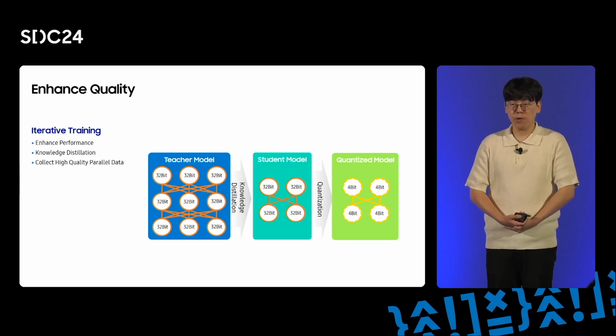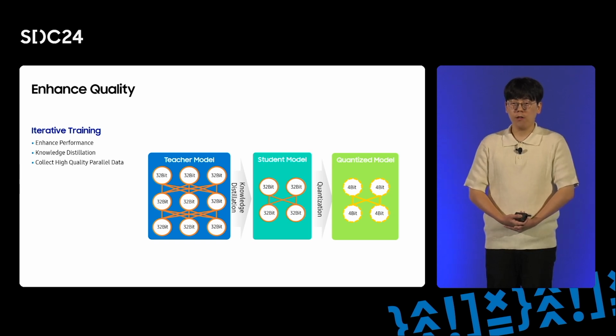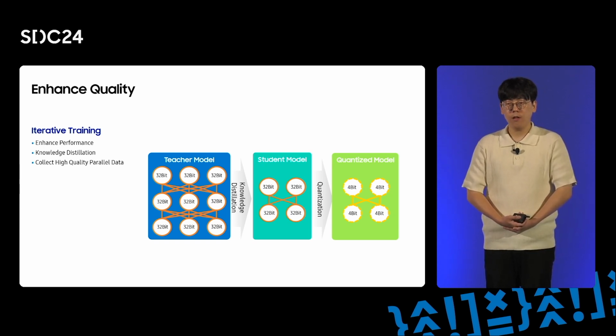Please note that we don't quantize at the same time. The training is done in a 32-bit data type. After training the student model, we take the trained checkpoint and proceed to quantization-aware training.